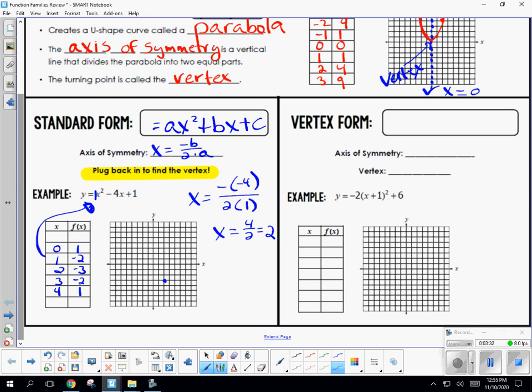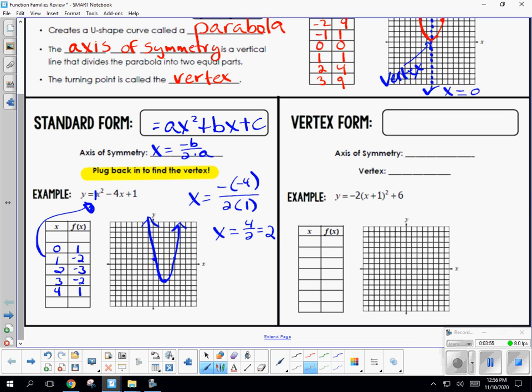There's my vertex. 1 is negative 2. 0 is 1. And again, it is a smooth curve at your vertex there.